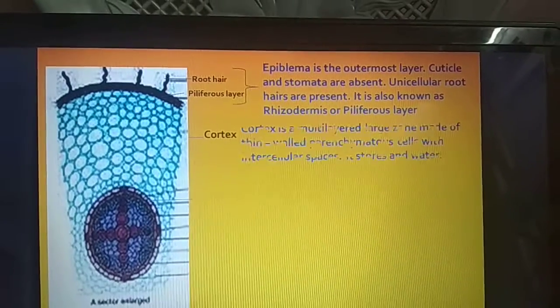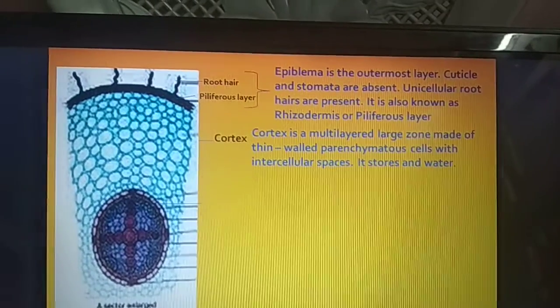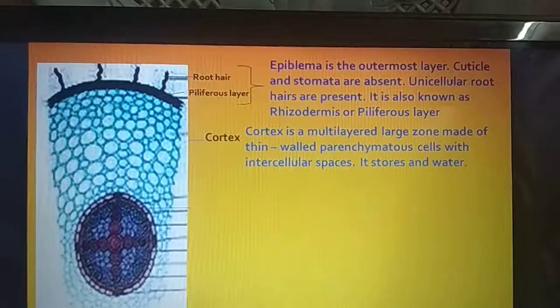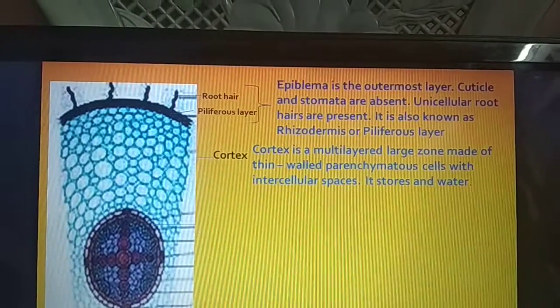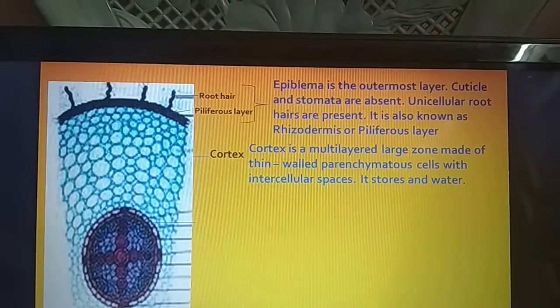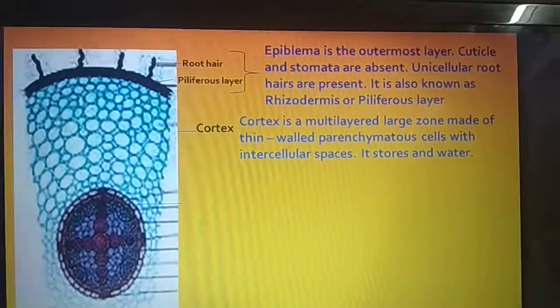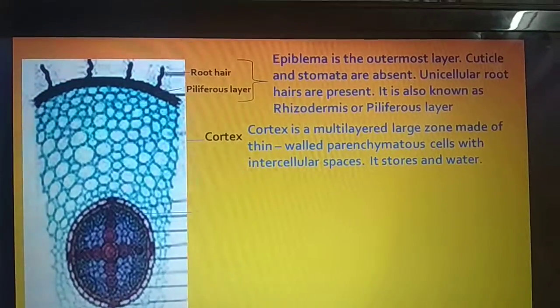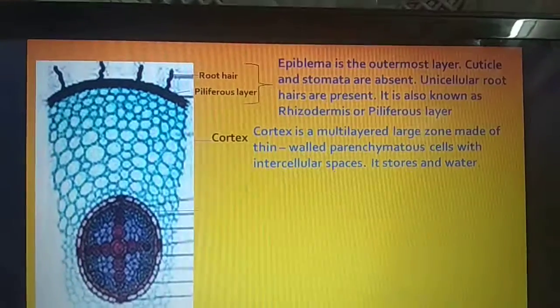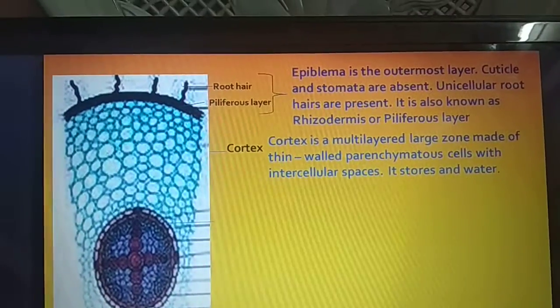Next one, cortex. Cortex is a multi-layered large zone. It is made of thin walled parenchymatous cells with intercellular space.